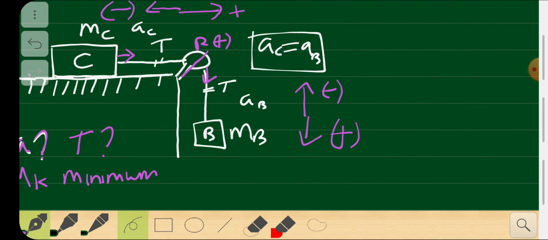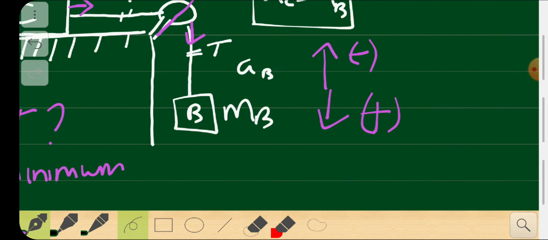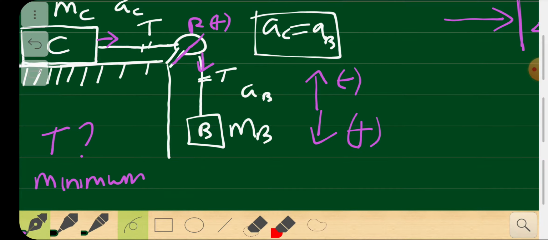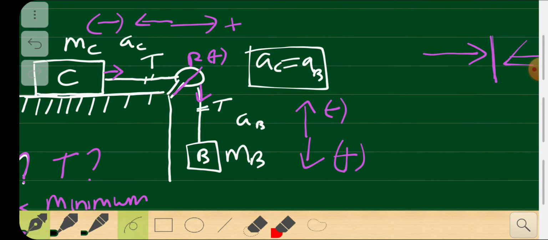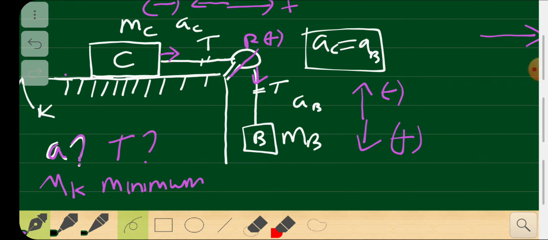The discontinuity means the direction would suddenly switch at the point of the pulley, and we don't want that to happen. That's why I've taken the downside as well as the right as positive, and the left and up as negative. So the sign convention is in place.